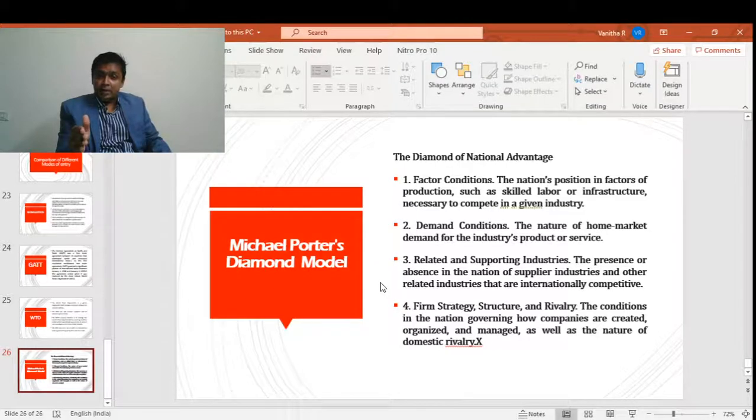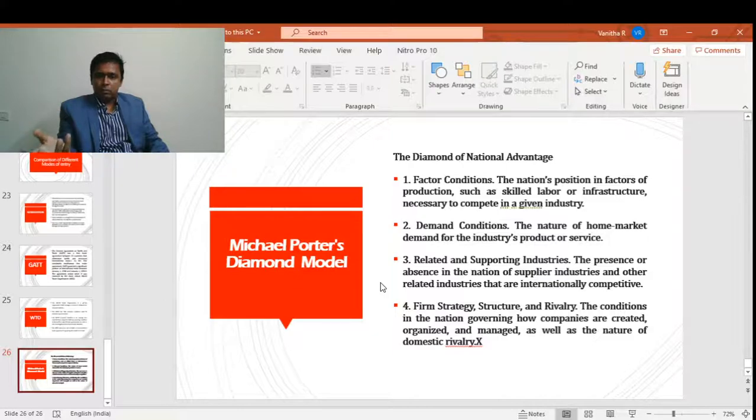And here Michael Porter says, and he said this 30, 40 years ago, just imagine, firm strategy. That means you should know what you do. You should have action-oriented formulas on your table. Then you should have a structure. You should not just assume that we would do this, we would do that. You should have a structure which you can mathematically measure: how many products you want to produce, what exactly you want to produce, where is the market.